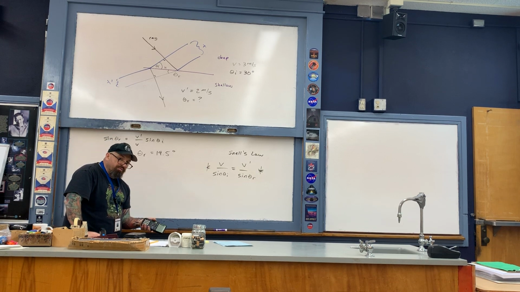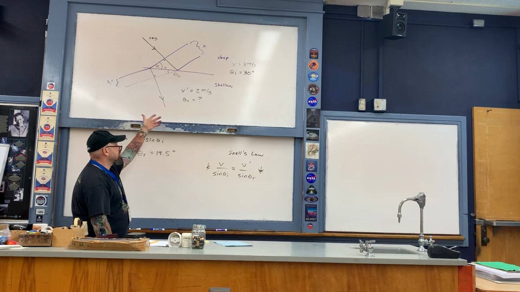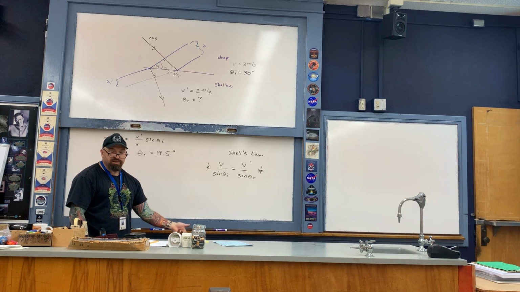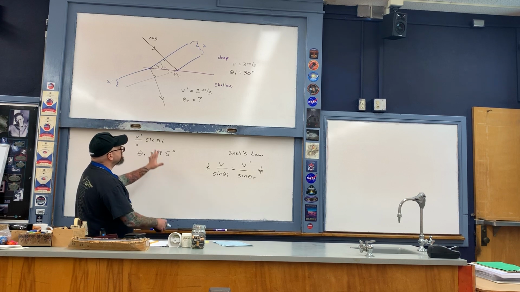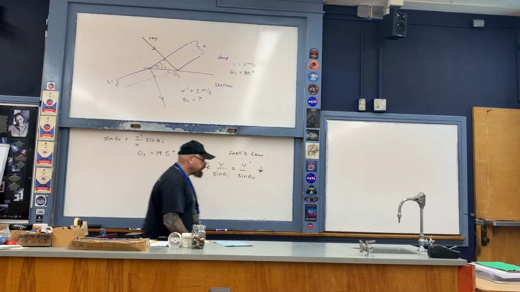Okay, now there is a second problem. In the first example here, we just described what happens if the waves slow down, but they could just as easily speed up if the refraction is in the opposite manner. So go ahead and pause the film at this point and copy down the second problem into your notes. I'm going to do some erasing here, and then I'm going to adjust the diagram as well.